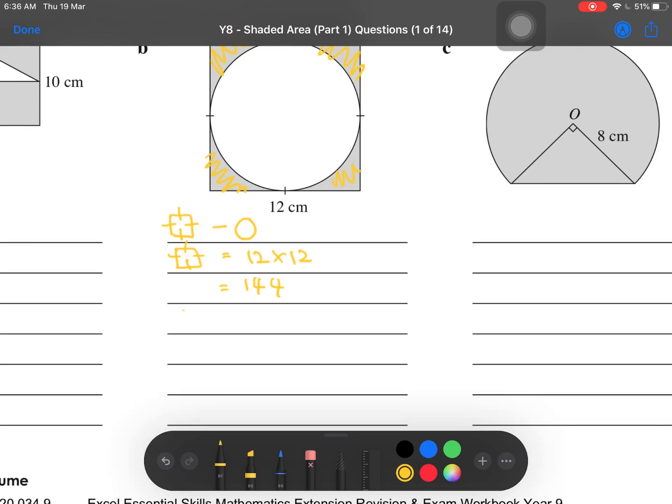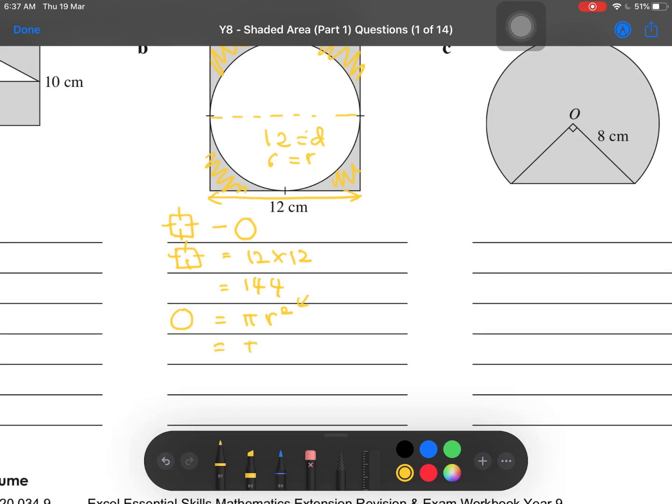And then the circle, it's pi r squared, and this is where we have to be careful, because if you look here, you have 12 from one end to the other, and if you apply the same length here, that means your 12 is the diameter. Because r is always half, if 12 is the diameter, 6 is the radius.